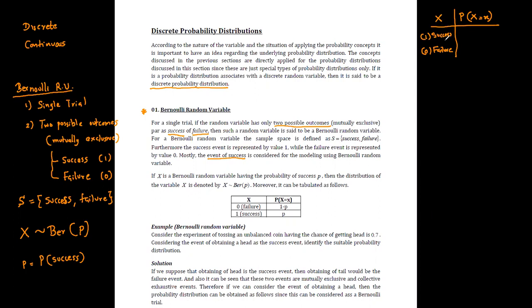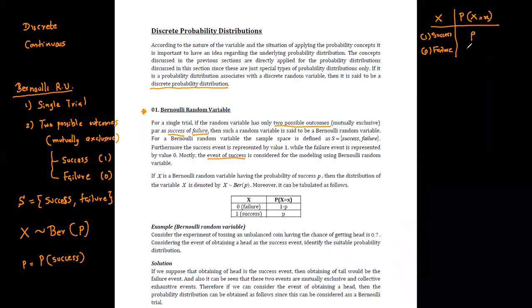I have previously told that most of the time we pay much more attention to the event of success when we are modeling this Bernoulli random variable. Suppose that the success probability of this experiment is given as simply p.